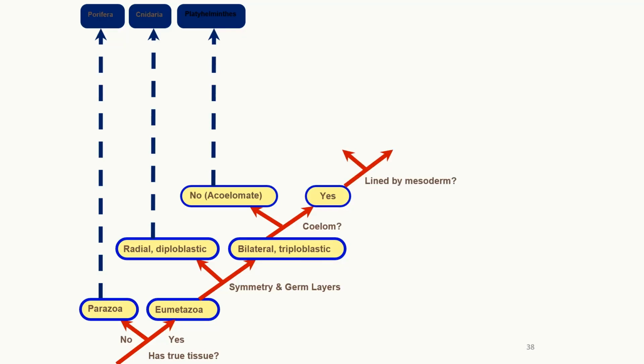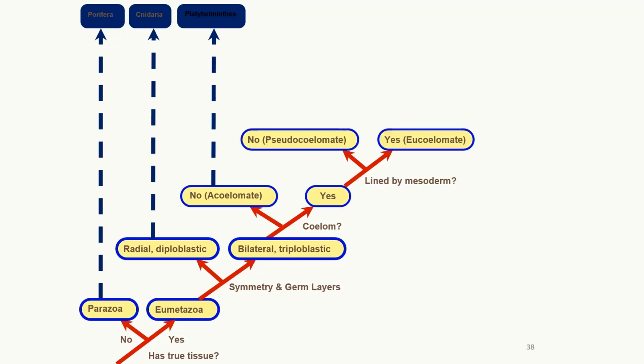If it is not lined by a mesoderm, we call it a pseudocoelomate, and that is classified as Nematoda. So an animal that is a eumetazoan, bilateral and triploblastic, contains a coelom but not lined by the mesoderm, which is pseudocoelomate, is classified under the phylum Nematoda.